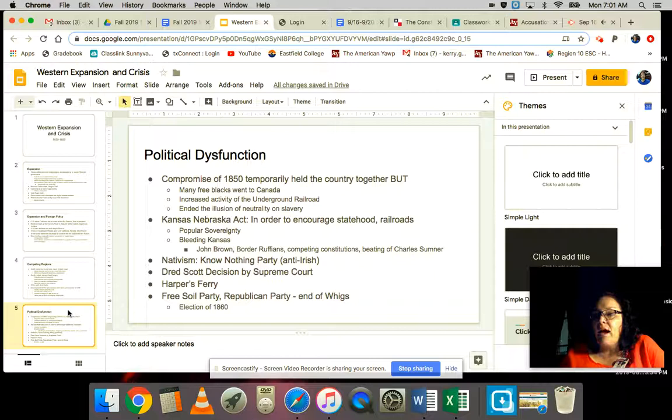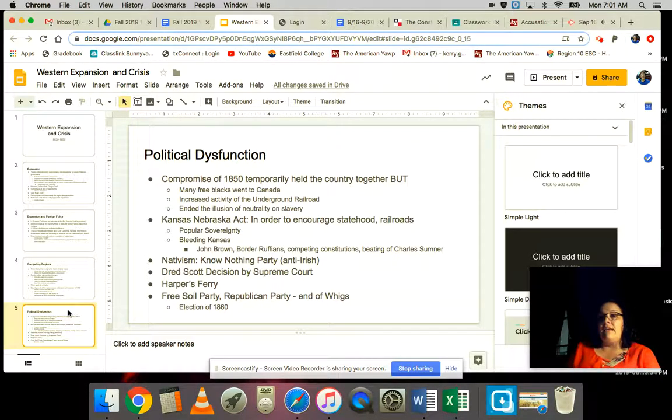This is essentially you have lots of Southern men bleeding over into Kansas, kind of trying to set up quick communities so they can cast a vote for a constitution that is pro-slavery. And then you've got lots of abolitionists sending families into Kansas to set up communities that are anti-slavery. And so you've got this profound tension in Kansas over pro and anti-slavery.